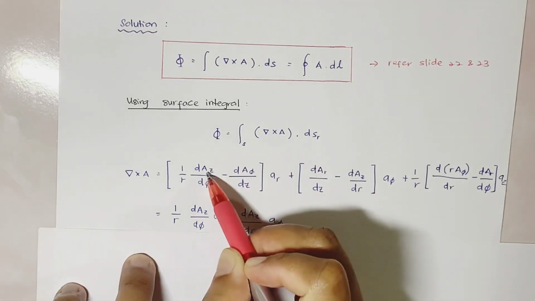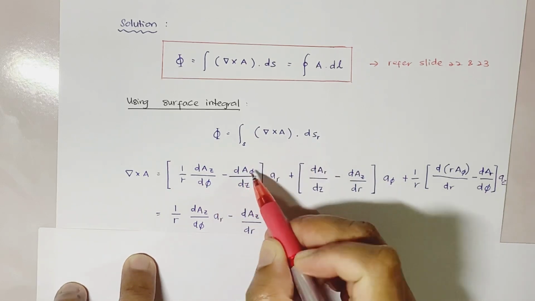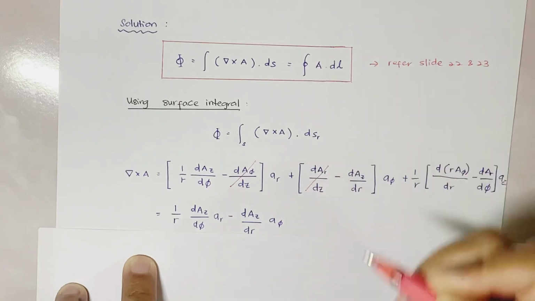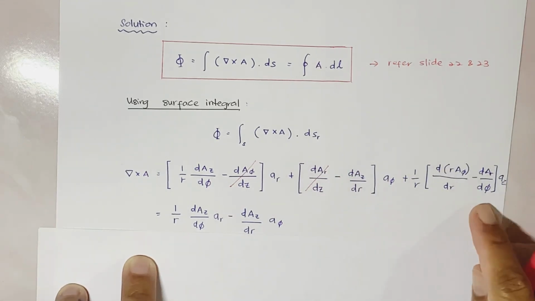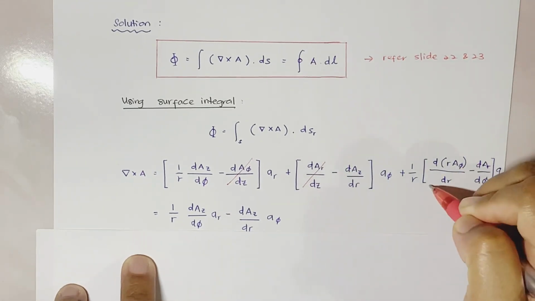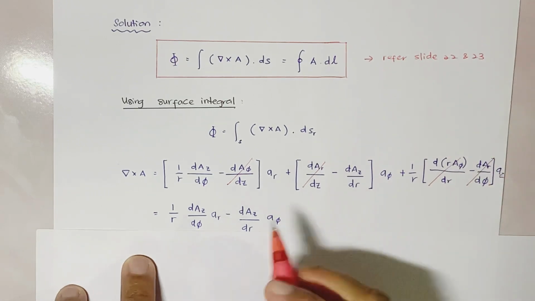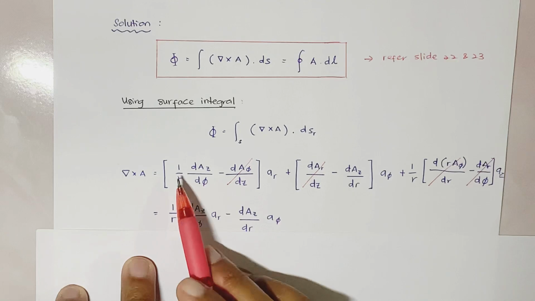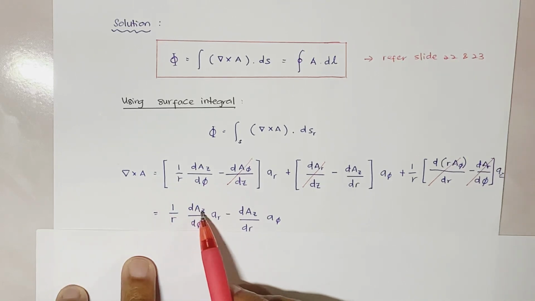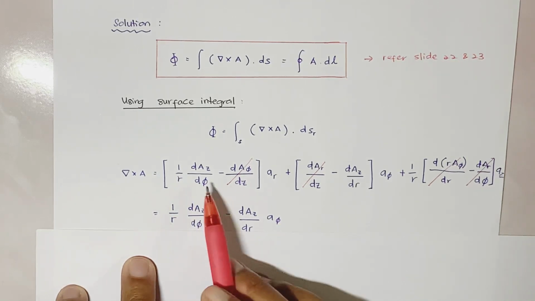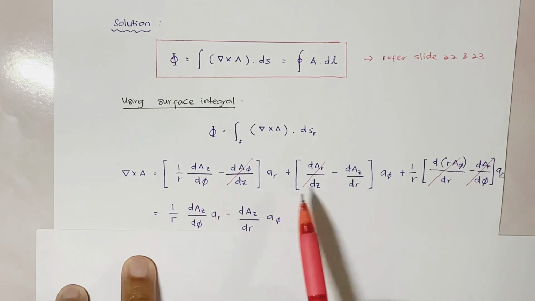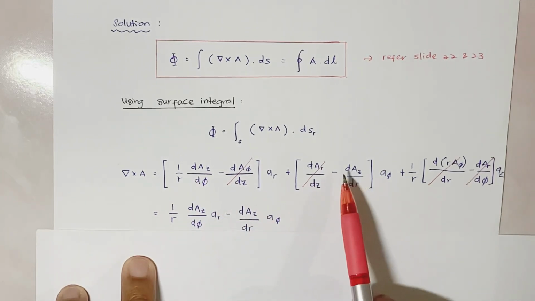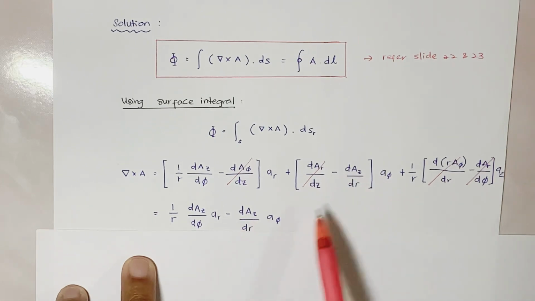So we only have AZ, we don't have AR or A phi, so we can remove those. You can remove this one and this one also. Okay, and only left 1 over R, this one, dAZ over d phi, and then plus negative dAZ over dR, A phi.